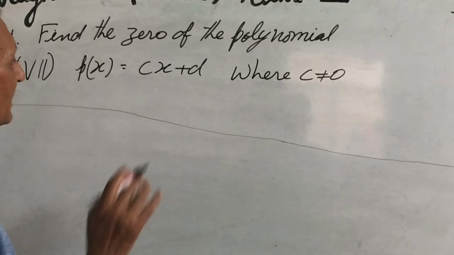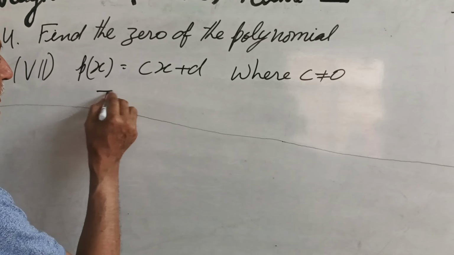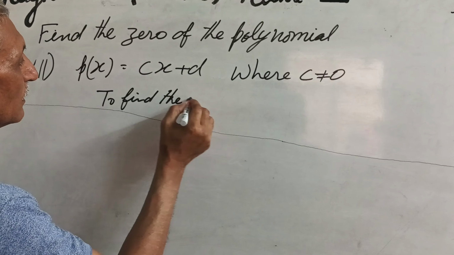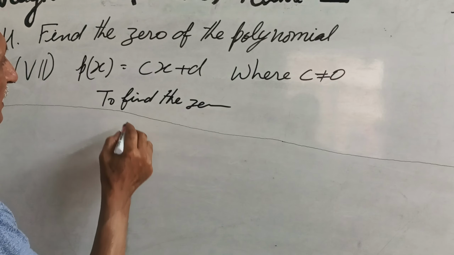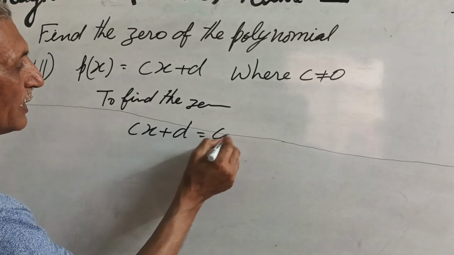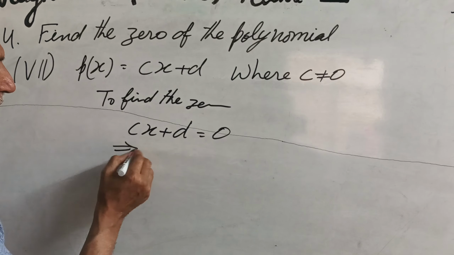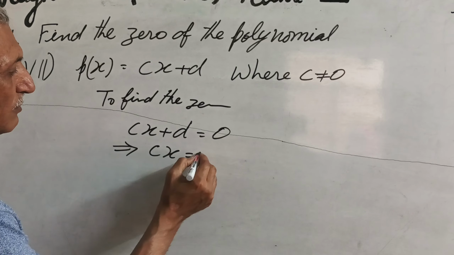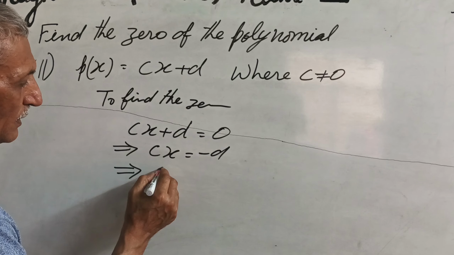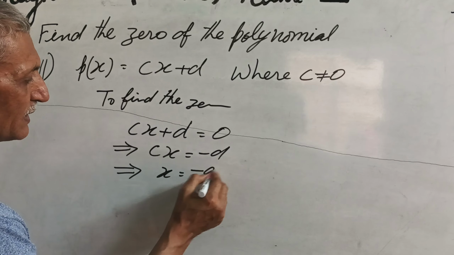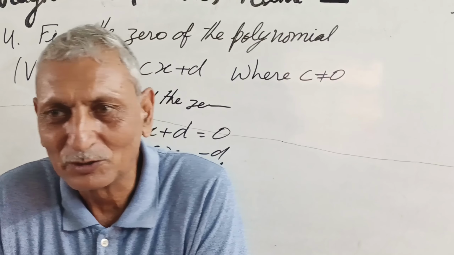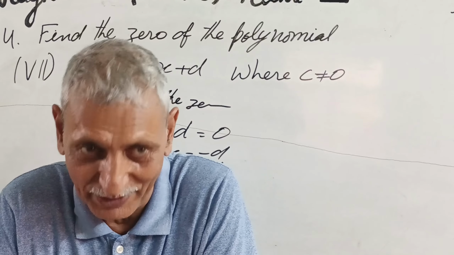Okay, in that case, to find the 0 of the polynomial, let's put cx plus d equal to 0. That should give you cx is equal to minus d. This implies x is equal to -d/c.